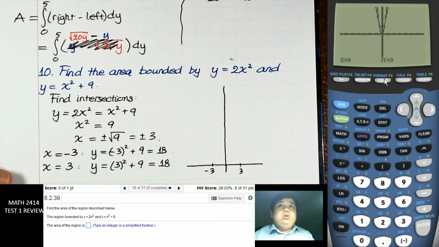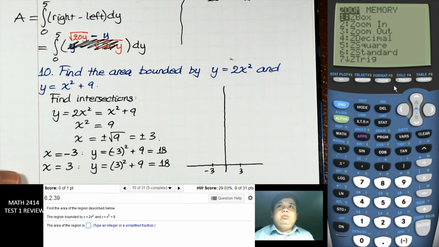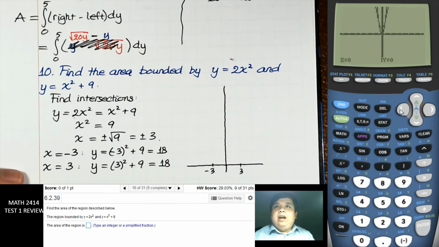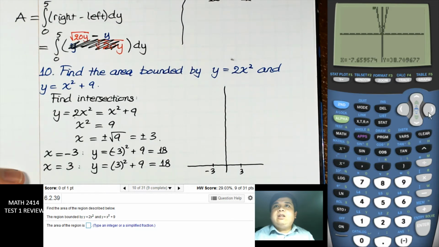If we want to zoom the window, we can always do that. Zoom box, and let's zoom about that.